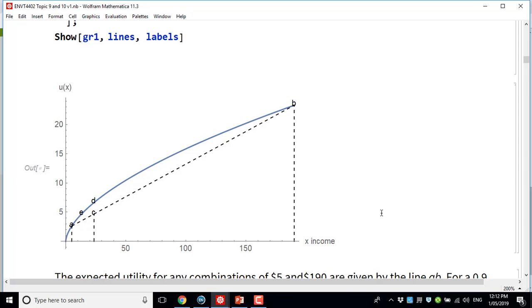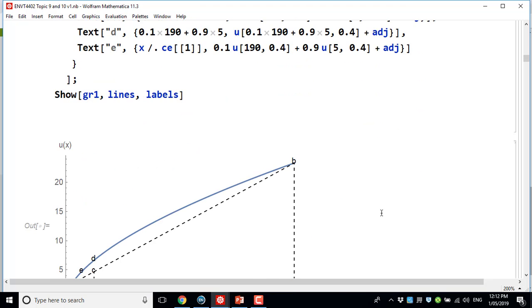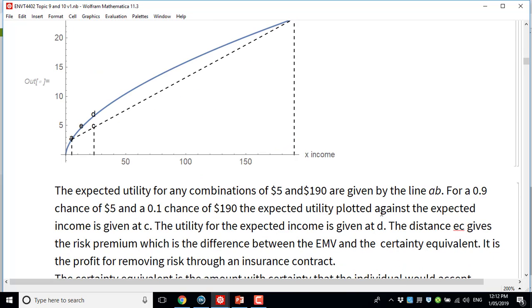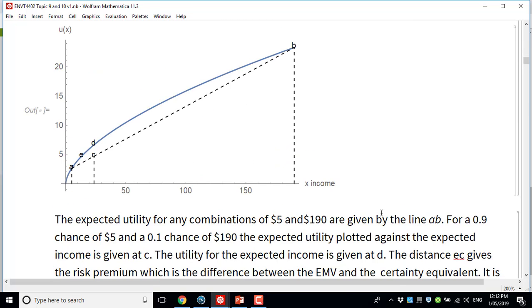So what we get here, the expected utility of any combination of 5 and 190 is given by the line AB, that's the straight line going from 5 to 190 with the utility on this axis.